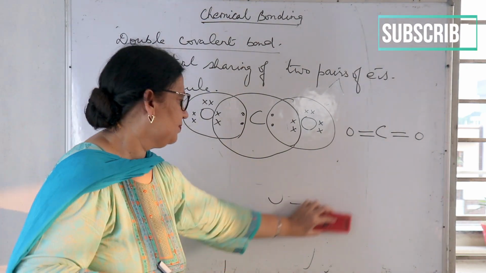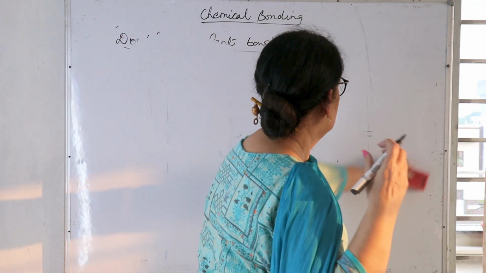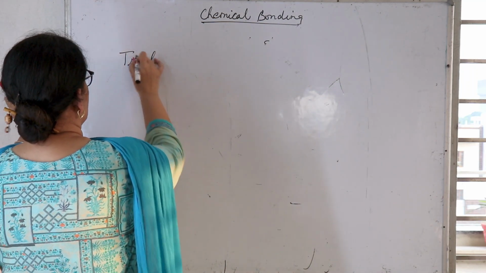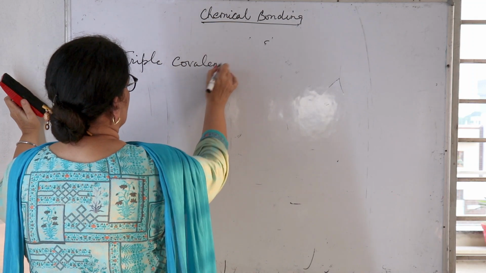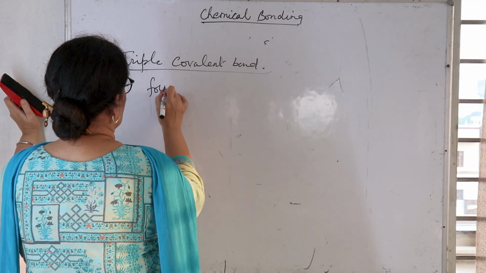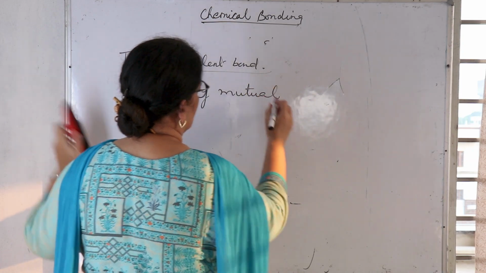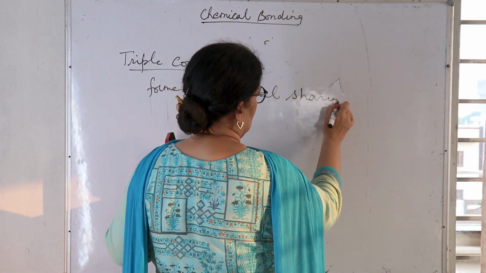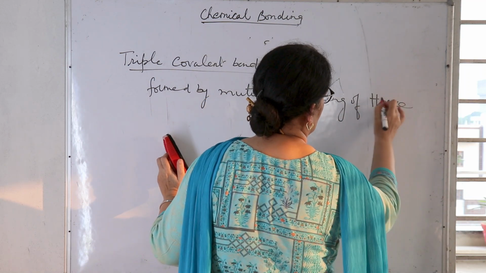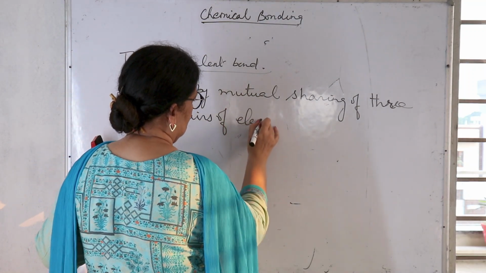Next is triple covalent bond. Triple covalent bond. Formed by mutual sharing of three pairs of electrons.